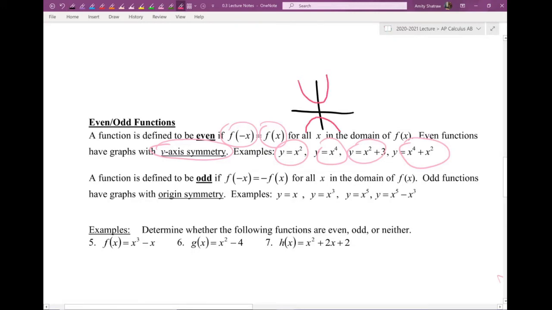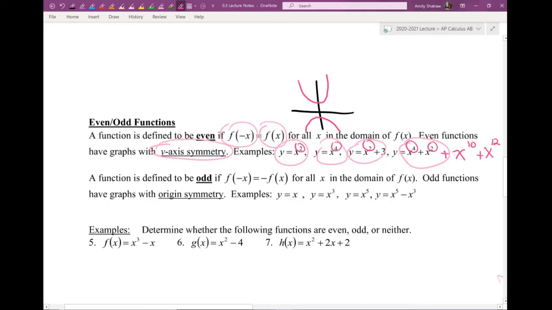As long as it has not been shifted, as long as the vertex is on the y-axis, as long as it hasn't been shifted left or right, then it has y-axis symmetry. That is called an even function. And you may notice all of those exponents are even. As long as the exponents are even, you can add or subtract any exponent as long as it is even, and you will get an even function.